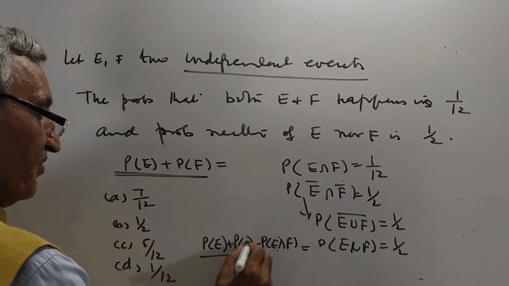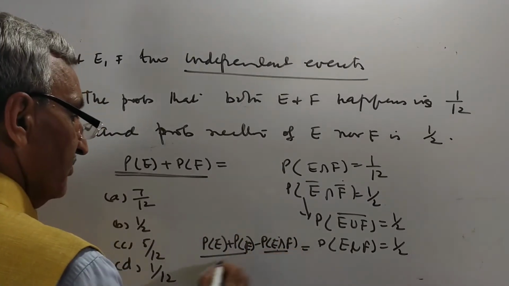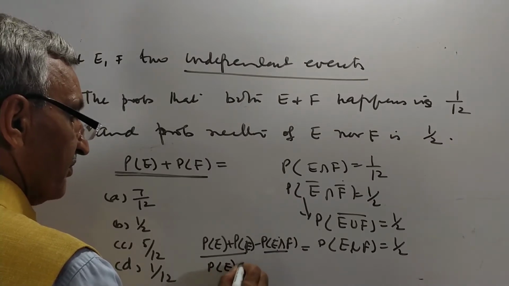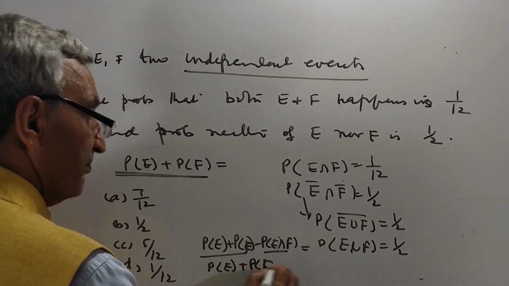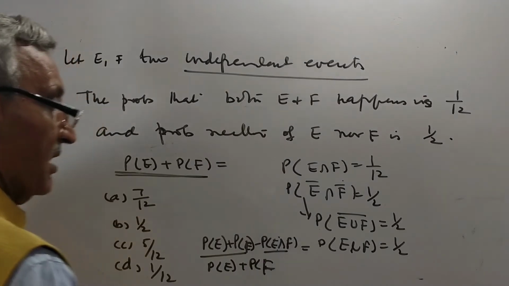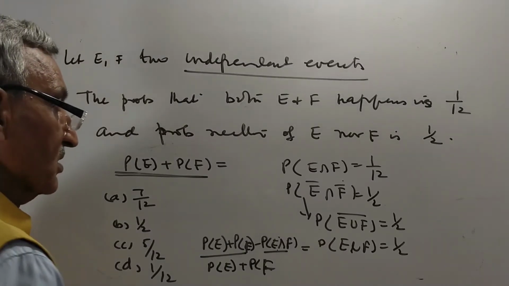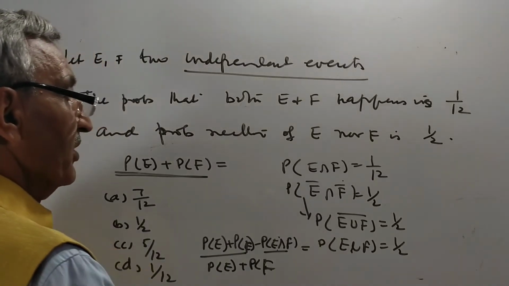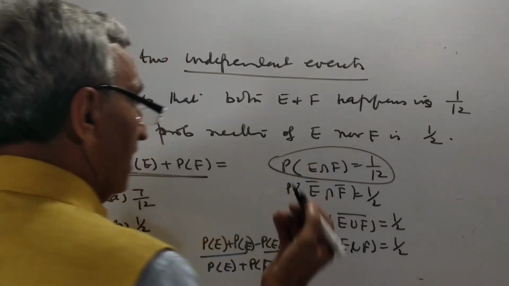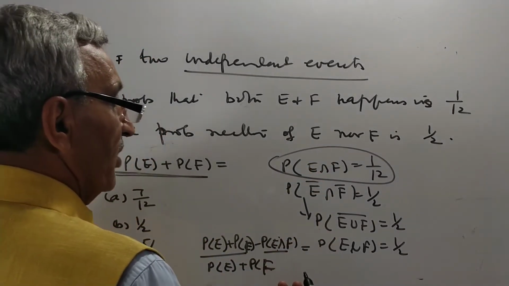Now this I want to find out. This is given here: probability of E plus probability of F. Since they are independent, I do not need to bother about it.